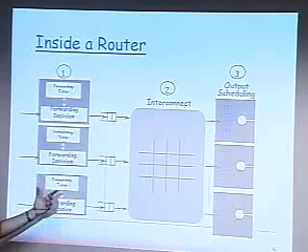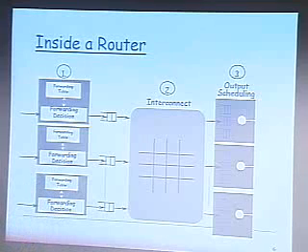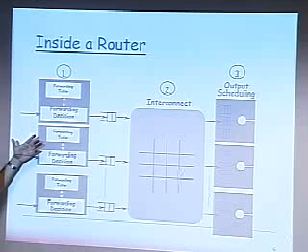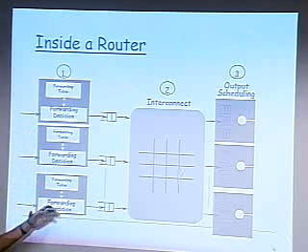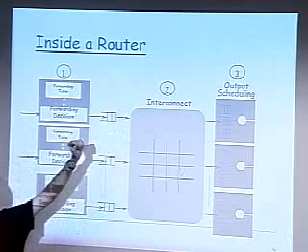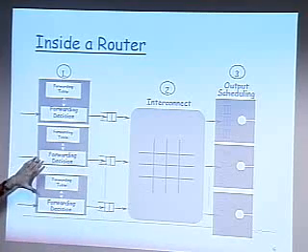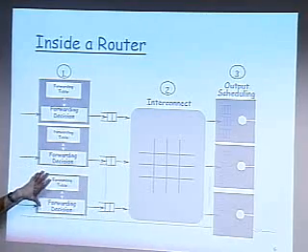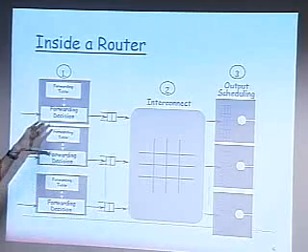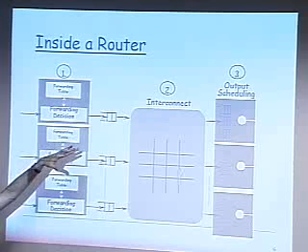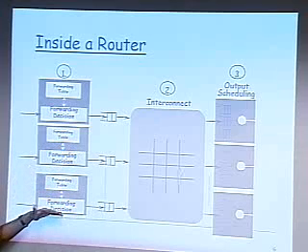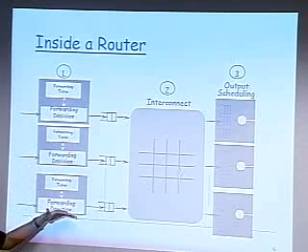Making this forwarding decision is computationally very expensive, so you want to parallelize it as much as possible. So every input port will have its own forwarding table. It's not sitting in some centralized location, and every forwarding decision is made independently of the other. There's no centralized processor making this forwarding decision, except in software routers.